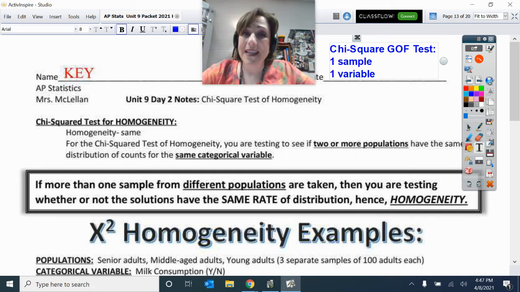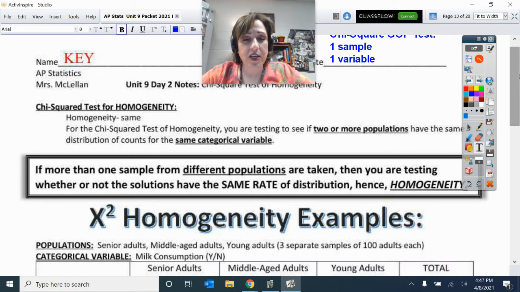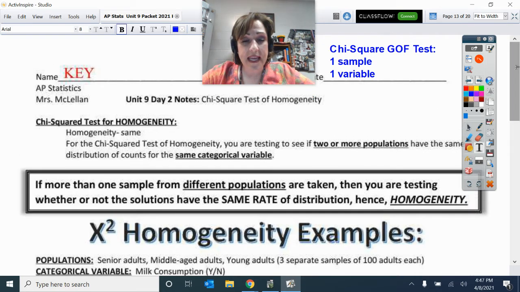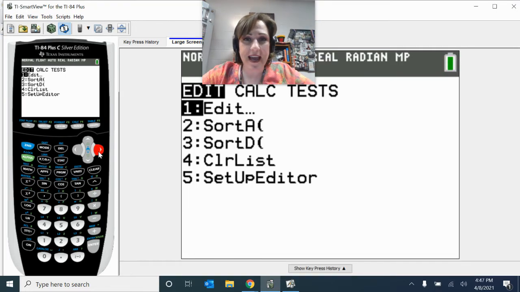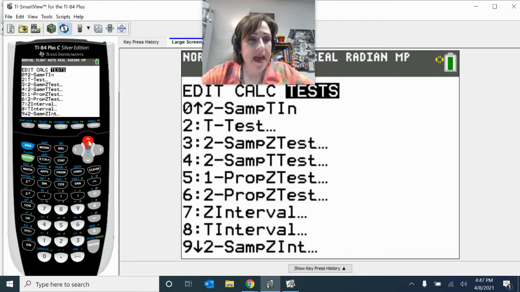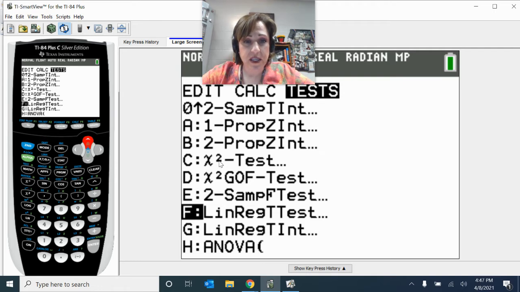But now we're going to have a little bit more multi-variable situation happening. So this is our chi-squared test. And on your calculator, you may have noticed that when we go stat over to test, this is the one that is chi-squared test as opposed to chi-squared GOF test.